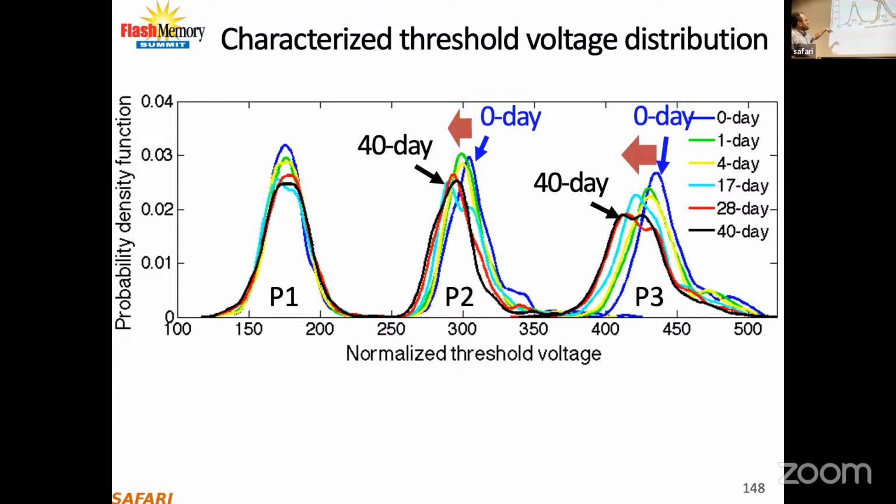These are the distributions of threshold voltages after different retention times, from 0 day, 1 day, to 40 days, from the particular device that we tested. And you can see that after 40 days, the threshold voltages have shifted to the left. And the distribution is also widening, similar to what we were expecting.